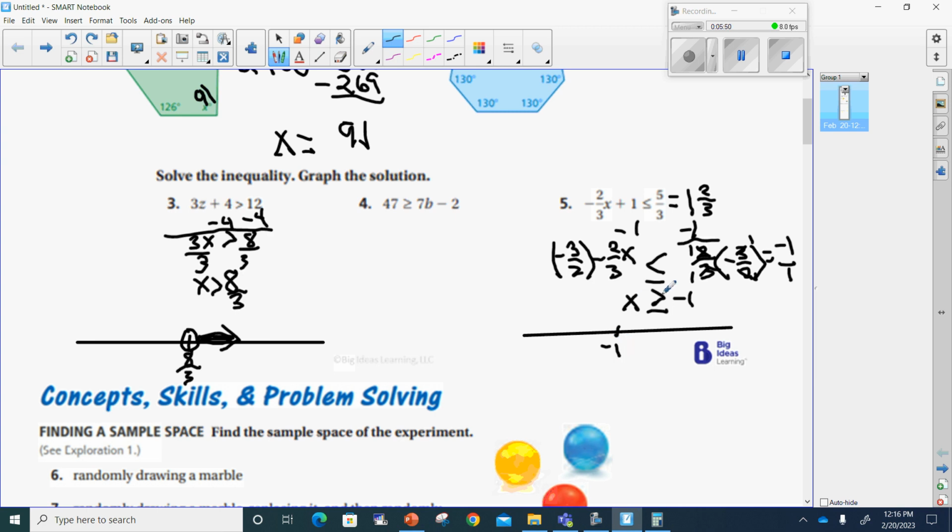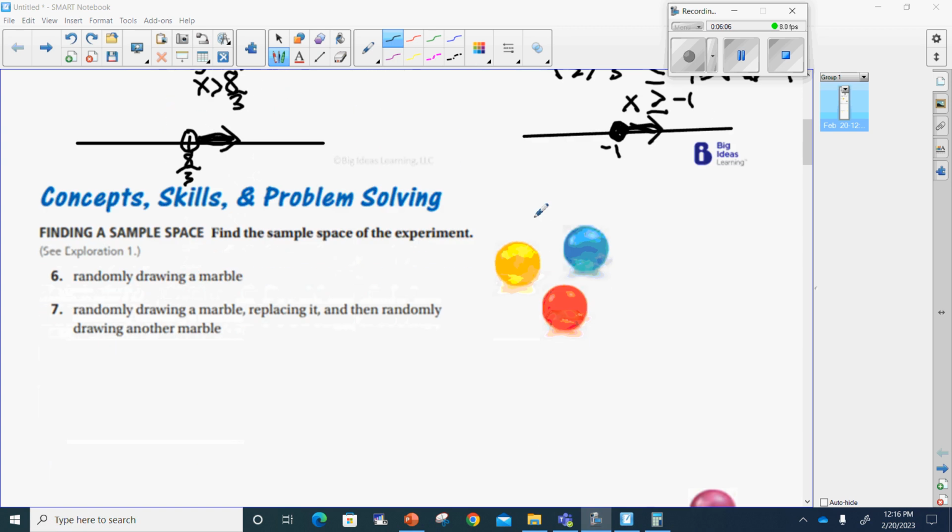And since x is greater than or equal to it, I'll shade in the dot at negative 1. Remember, it's greater than or equal to, so that means I'll shade in all the numbers going bigger than that. All right, next I have number 7.